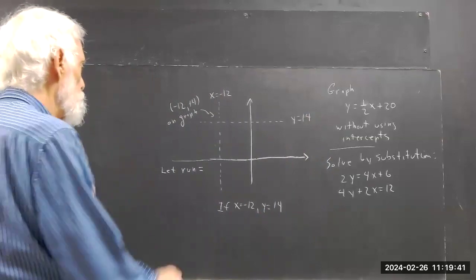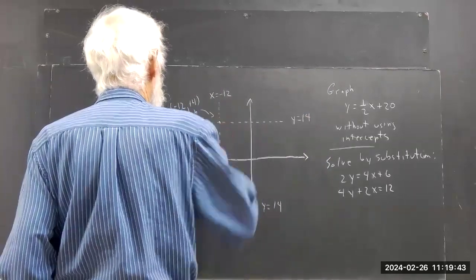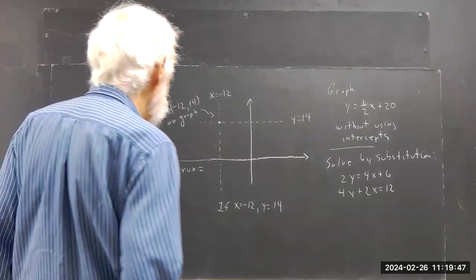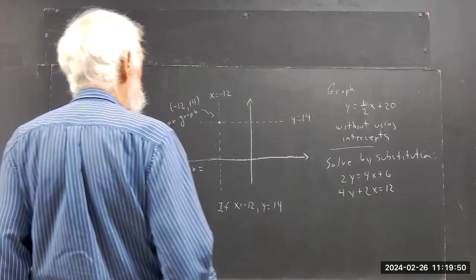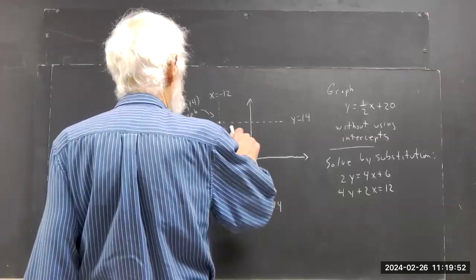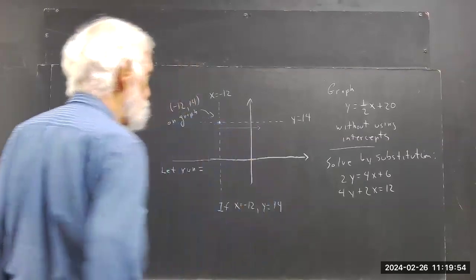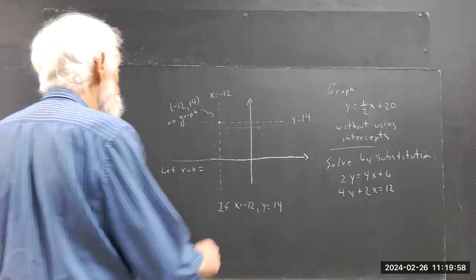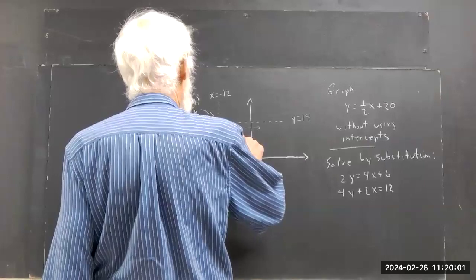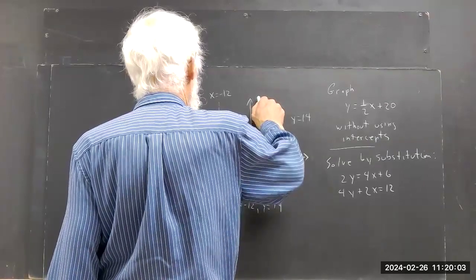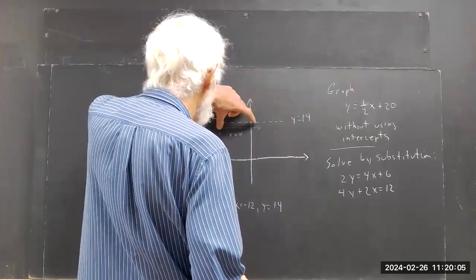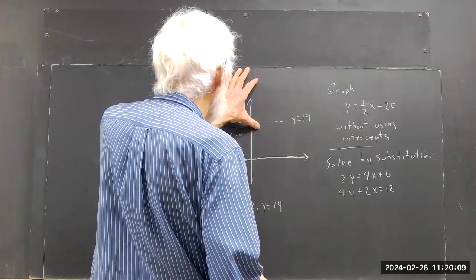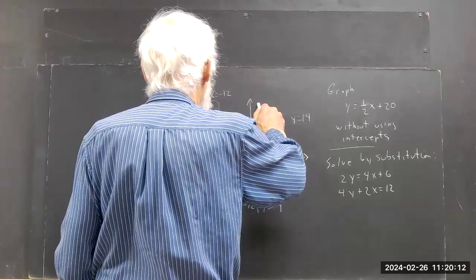Put it just a little bit lower. Here's our intersection point. So now if we take any run, let's say we take a run this far, then we should have a rise that's about half as much as the run. So if this is the run, this big, the rise ought to be about this big.